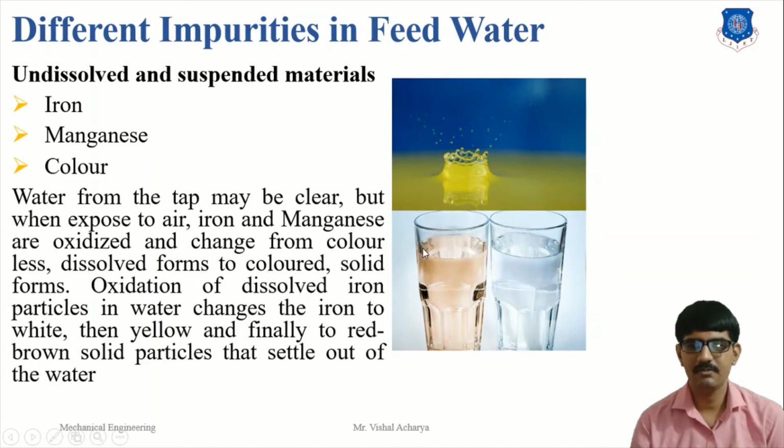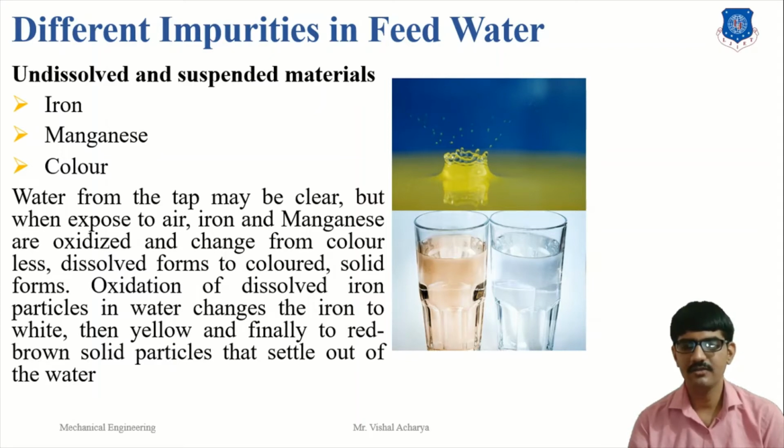Water from the tap may be clear, but when exposed to air, iron and manganese are oxidized and change from colorless dissolved forms to colored solid forms. Oxidation of the dissolved iron in the water changes the iron to white, then yellow, and finally to red-brown solid particles. They settle out of the water.